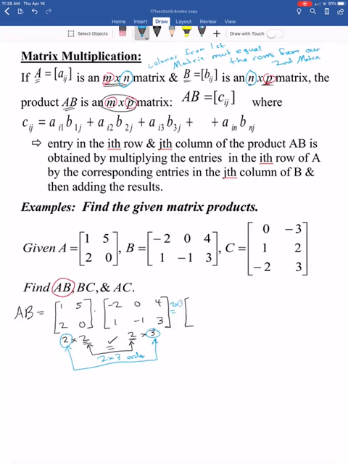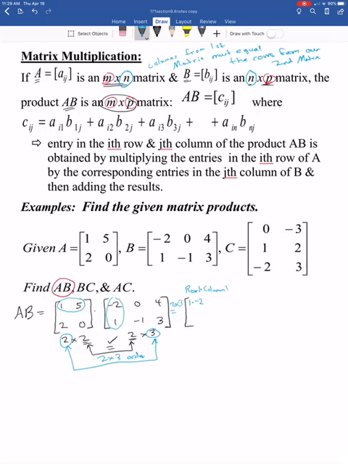Let's go ahead and work on finding those entries. I'm going to start with the first entry here. I'm going to write a little note above it. So I'm going to find row 1, column 1. I'm going to multiply row 1 with column 1. So my row 1 entries, 1 and 5, I'm going to multiply with column 1, -2 and 1. So the first entry in the row, which is a 1, times the first entry in the column, which is a -2. 1 times -2.